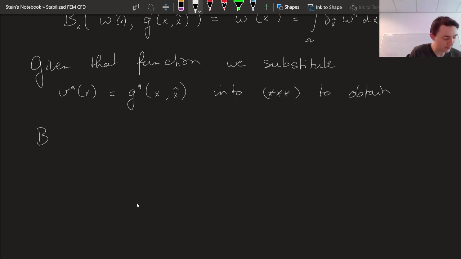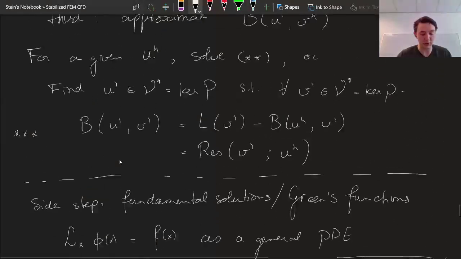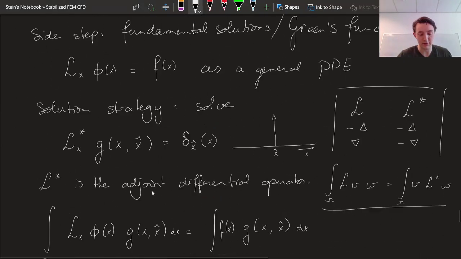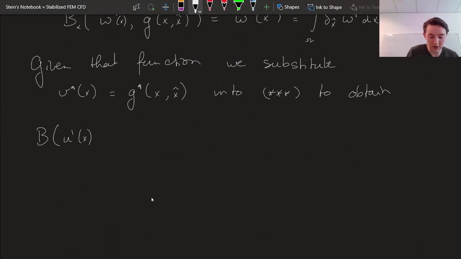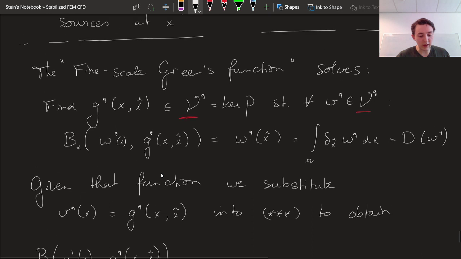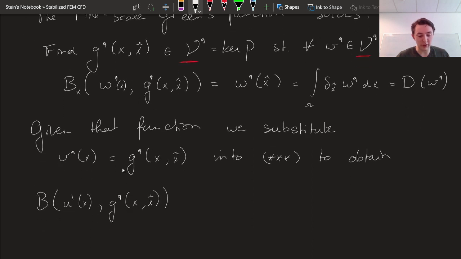We get b of u prime as a function of x. Now I'm going to substitute this into here, b prime of u prime, v prime. So that's now g prime, our fine scale Green's function. Well, what's that going to be? By definition of our fine scale Green's function, this was going to equal w prime for every function in v prime, and by definition, u prime is a function in v prime.